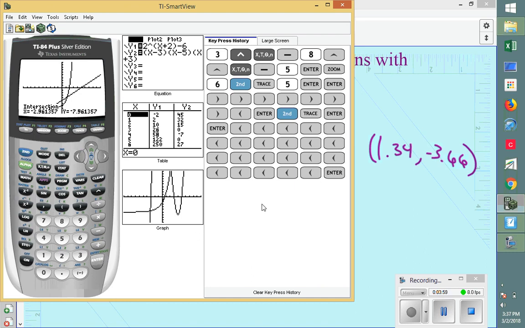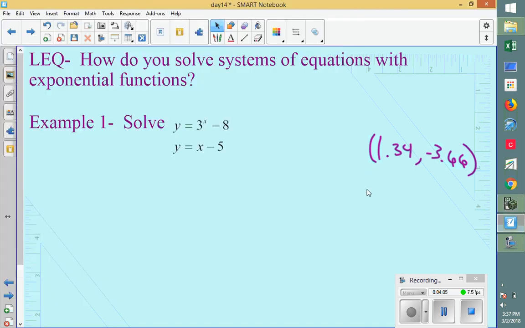And the intersection is negative 2.96, negative 7.96. And those are my solutions, okay? No work shown because the calculator did all of the work for us. So those are the two solutions to that system of equations.